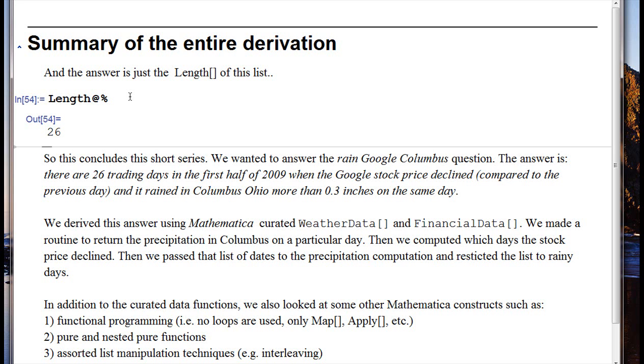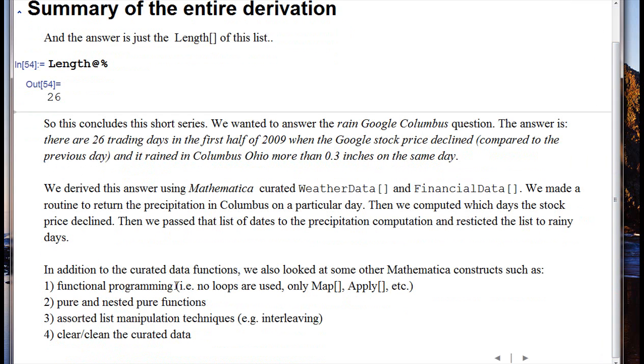Now, we derived this answer using Mathematica curated weather data and financial data. We made a routine to return the precipitation in Columbus on a particular day. Then we computed which days the stock price declined. Then we passed that list of dates to the precipitation computation and restricted the list to rainy days.